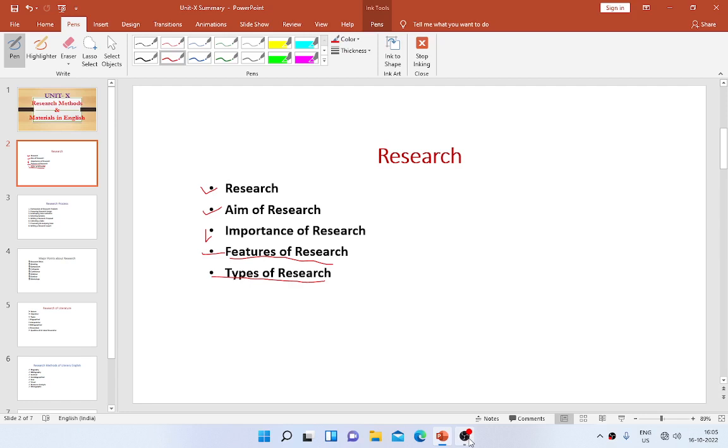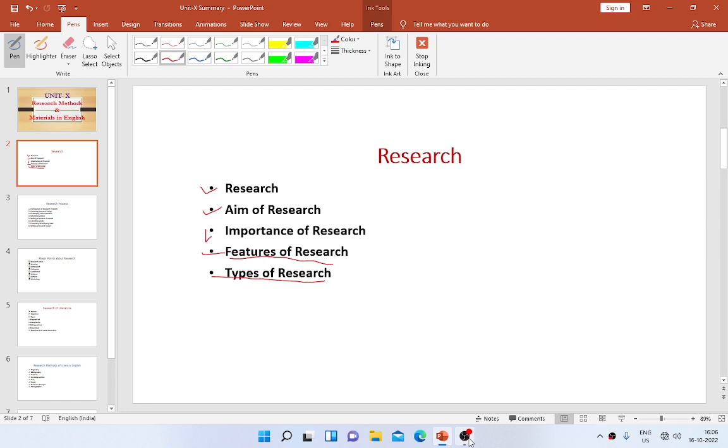The next type of research is quantitative research. Quantitative research is similar to directive research. It is also termed as linear research. In quantitative research, we find some steps such as starting with testable hypotheses, collecting data, analyzing the data, accepting or rejecting the hypothesis.